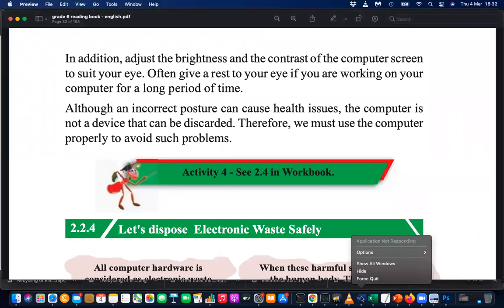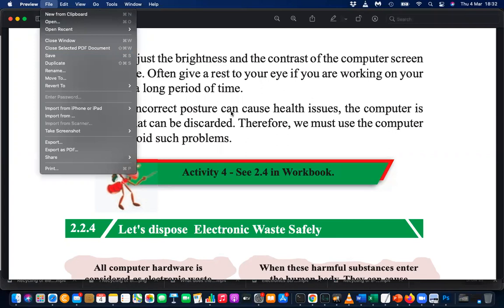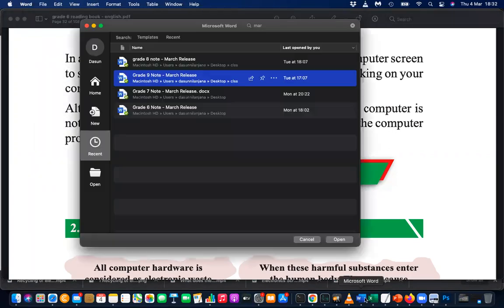The first one is contrast. Brightness or contrast, you can write.